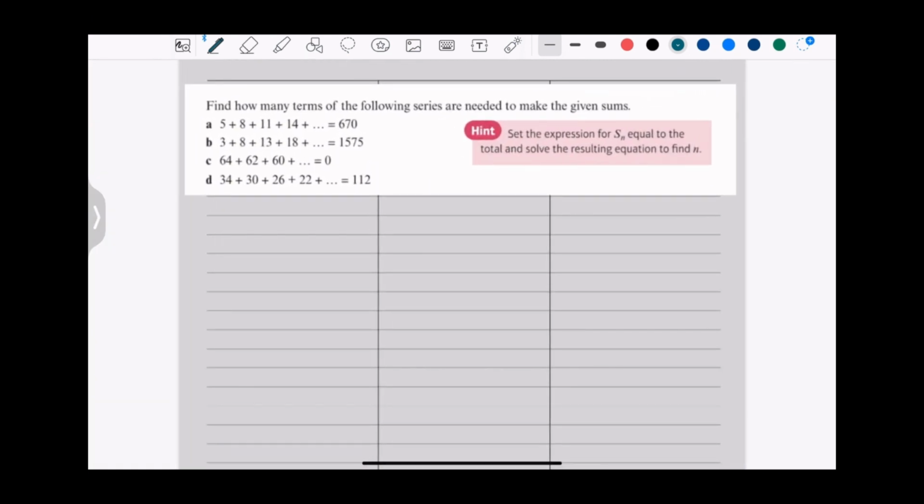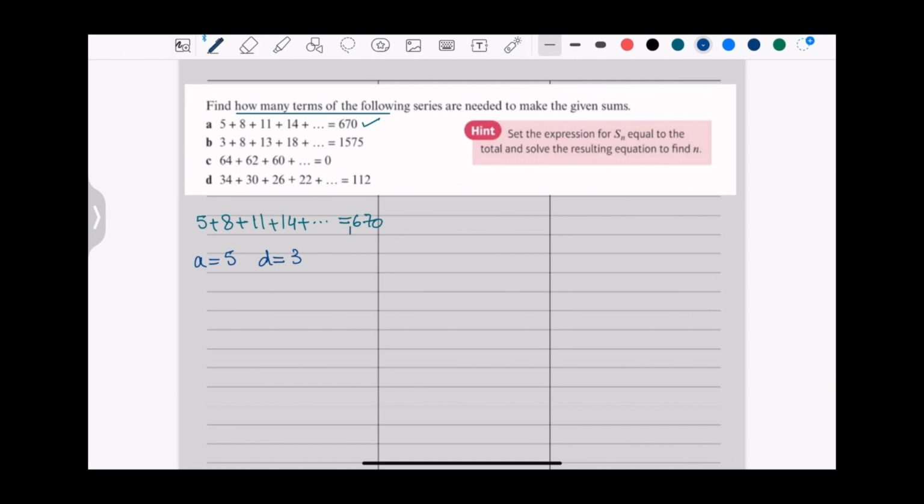Now it says: how many terms will give you this sum? If you look at the first one, the series is 5 plus 8 plus 11 plus 14 plus, up to 670. Now the first term a is equal to 5, and the difference is 3.